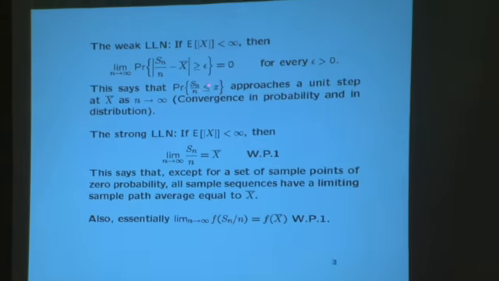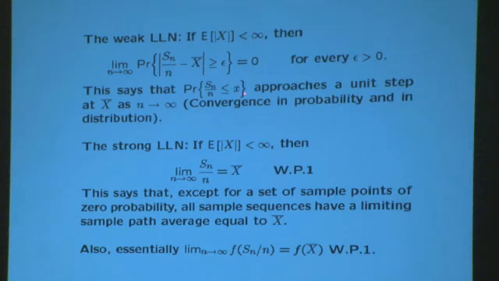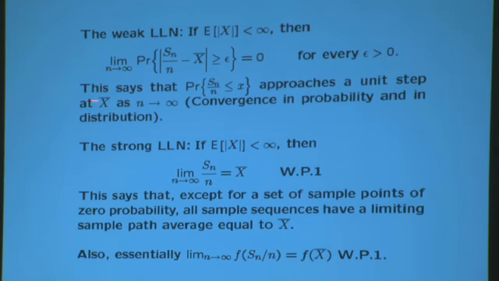It says that the probability of Sn over n less than or equal to x approaches a unit step as n approaches infinity. This is the condition for convergence in probability. What we're saying is that that also means convergence in distribution function, in distribution for this case.